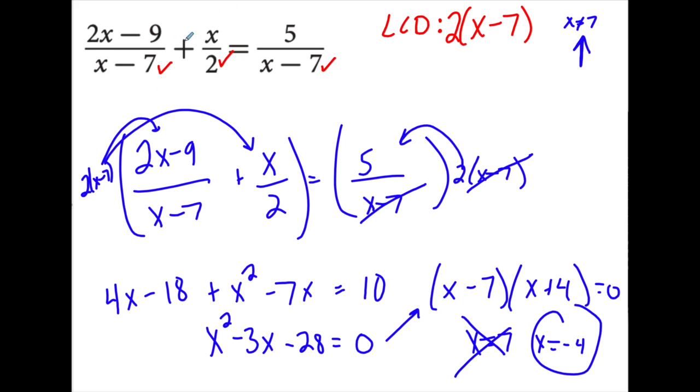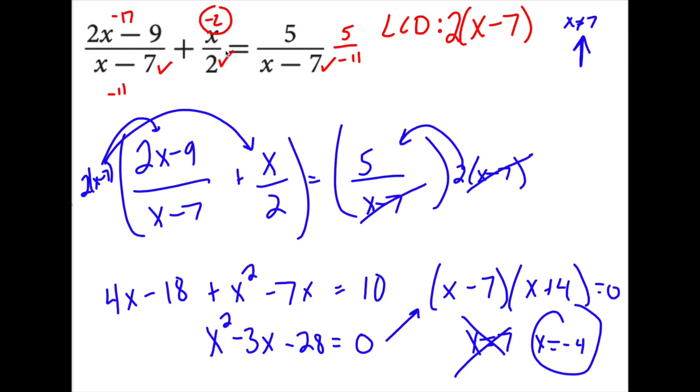And let's check that. So first of all, negative 4 over 2 is negative 2. Here, this is negative 8, negative 17 over negative 11. And this is 5 over negative 11.